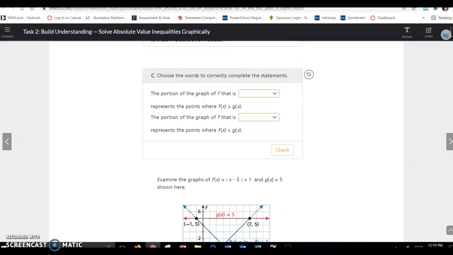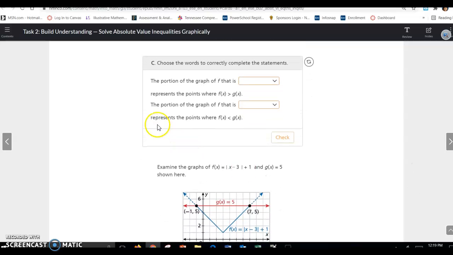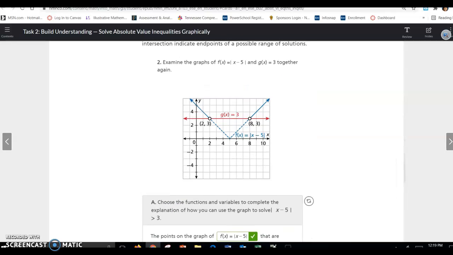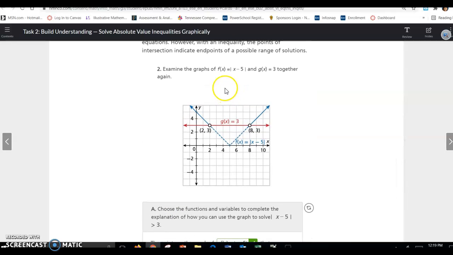All right, it says choose the words to correctly complete the statements. The portion of the graph of f represents the points where f of x is greater than g of x. Okay, so let's go back to the graph. The line here where it's solid, and here you can see where it's dashed.